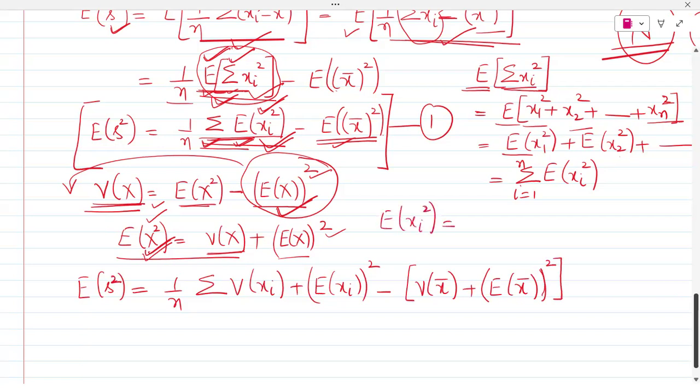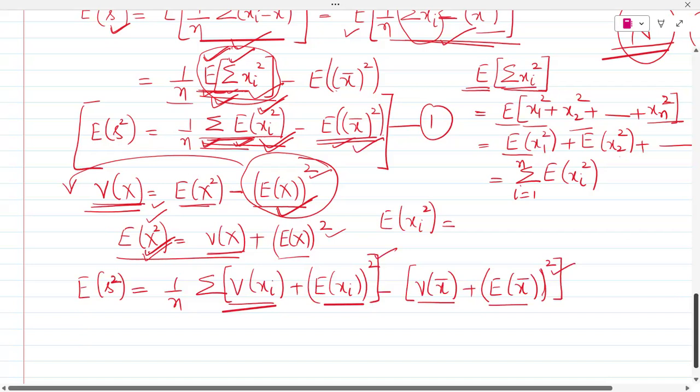It is the variance of xi plus the square of the expected value of xi, and obviously here a bracket. And what is the expected value of x bar square? Here, the variance of x bar plus the square of the expected value of x bar. This means I have used the formula.